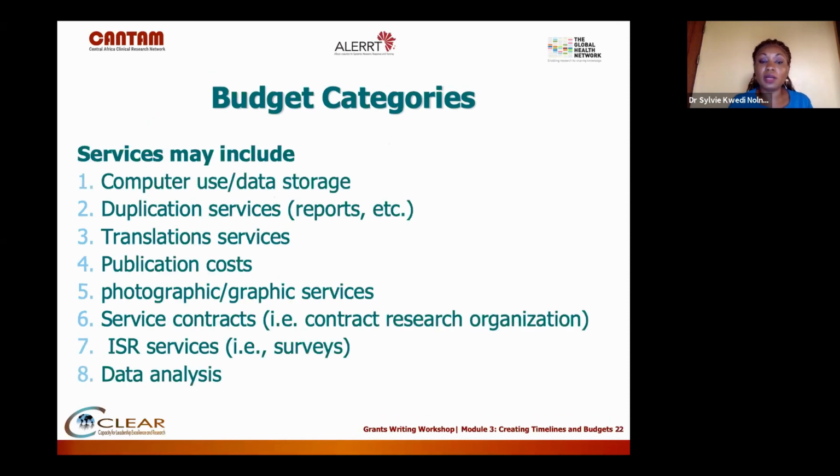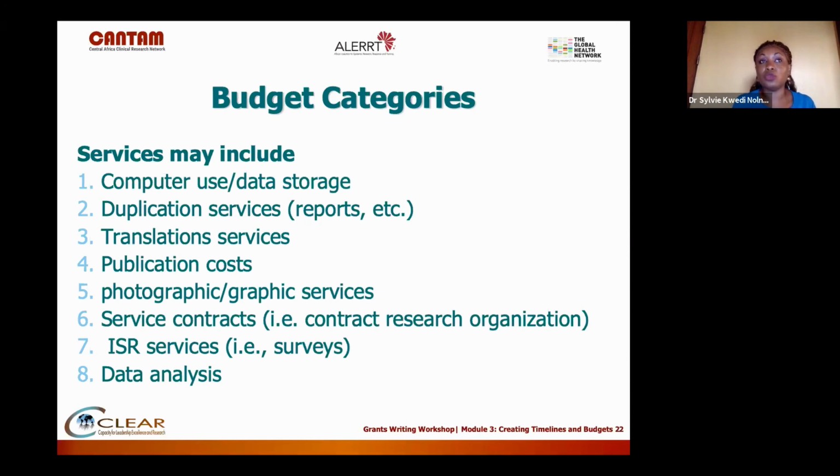I talked about different services. Translation. Let me mention a little bit of translation. If you need translation services, which in many instances you do, but particularly, let's say that if you have to do informed consent in local languages, and you don't have people inside your organization to do it, then you have to pay for translation services. Or if, for example, all your communication with the funders are in English, all your documentation have to be in English.